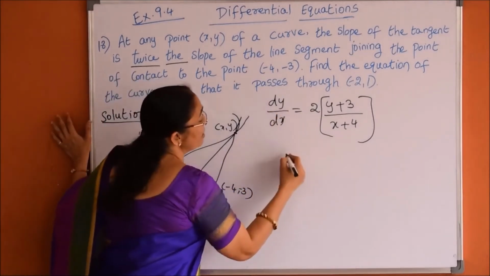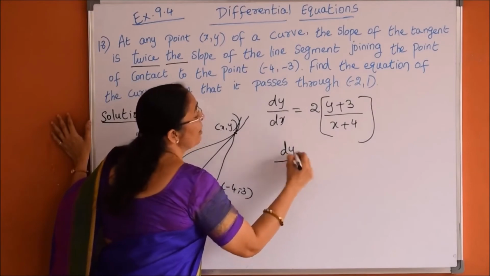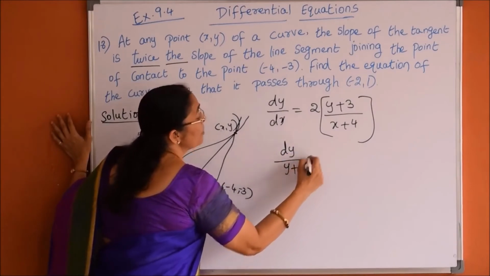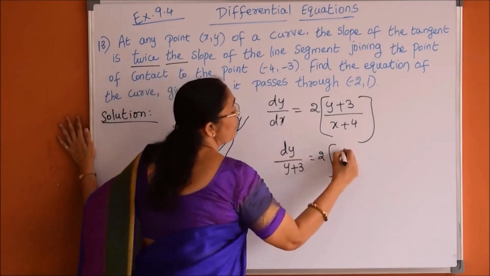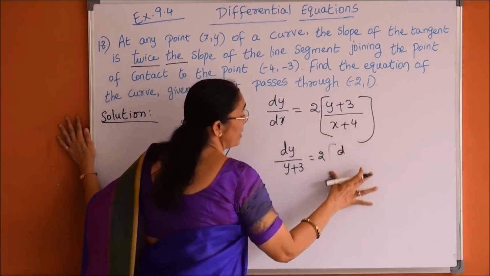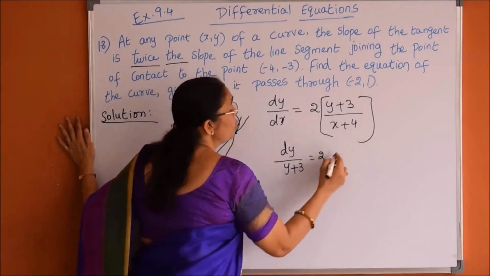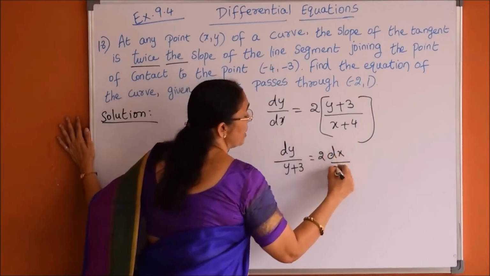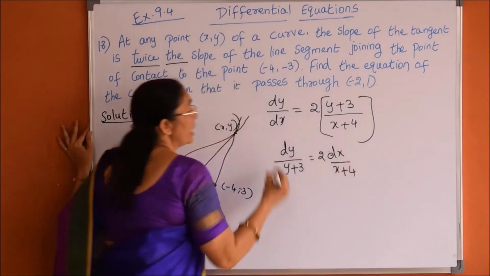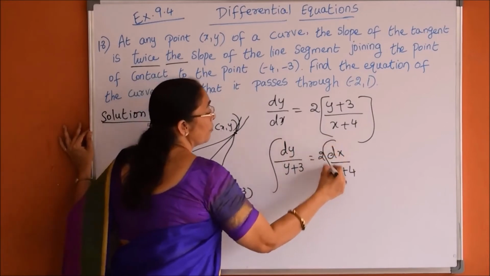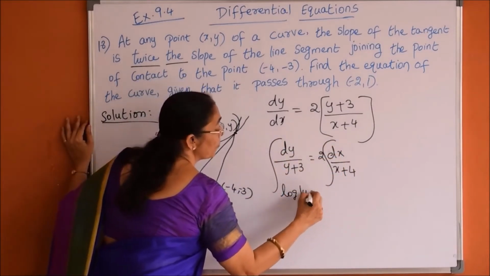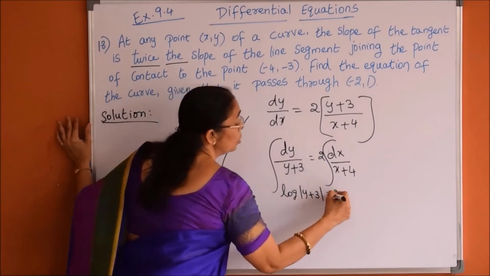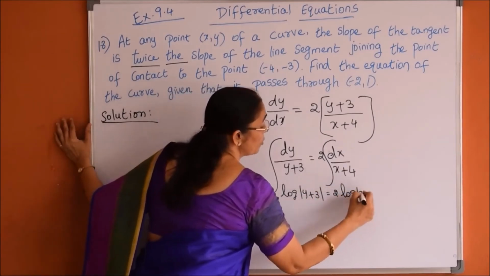So I can write this one as dy divided by y plus 3 is equal to 2 times the integration of, first let me write the equation, afterwards we can integrate, 2 dx by x plus 4. Now integrating on both sides, left hand side log mod y plus 3 is equal to 2 log mod x plus 4.